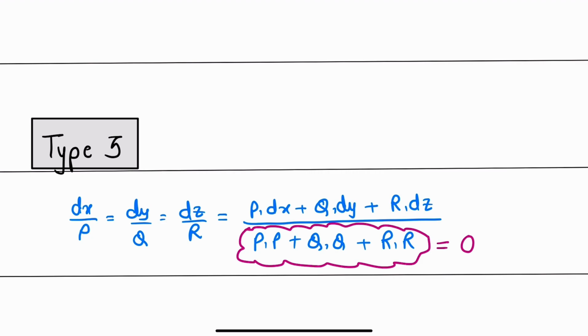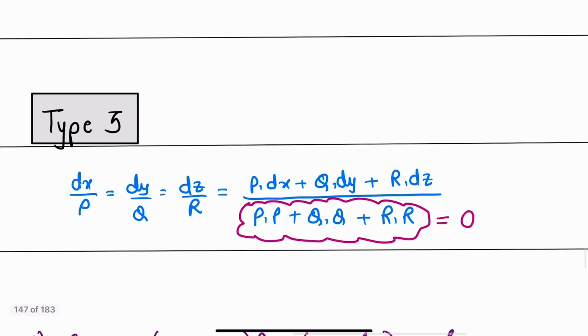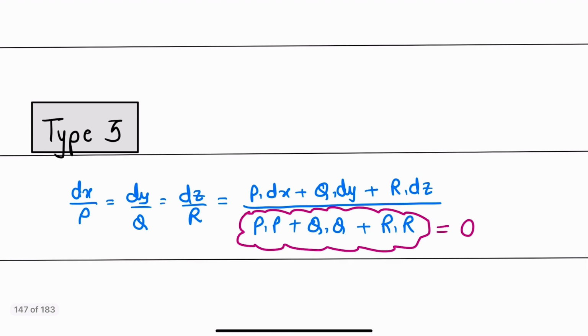If we choose some multipliers like P1, Q1 and R1 such that P1 P plus Q1 Q plus R1 R equals 0, now the ratio gets converted into P1 dx upon P1 P plus Q1 dy plus R1 dz upon Q1 Q plus R1 R. What we are doing is multiplying the numerator and denominator of the ratios by the same number and adding to the other ratio.